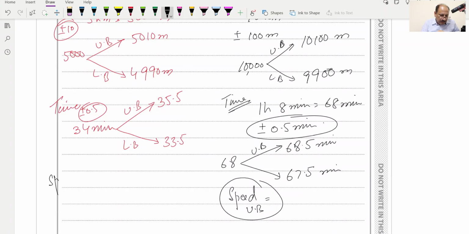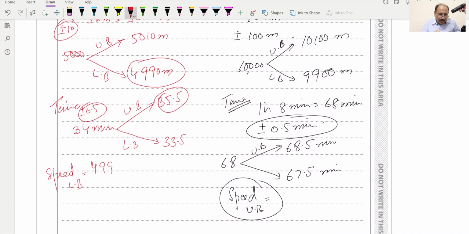For Jenny's speed we take the lower bound, so that we get the maximum difference between these two. To get the lower bound of speed, we take the lower bound of distance and divide it by the upper bound of time.